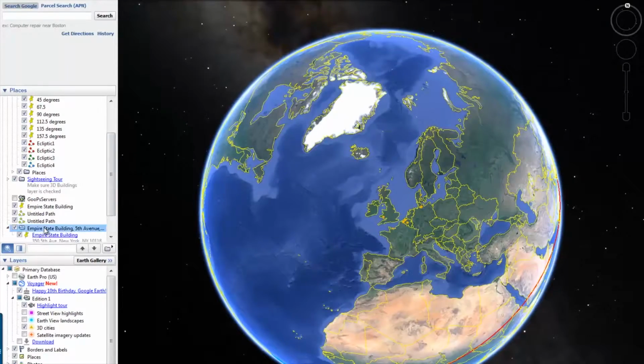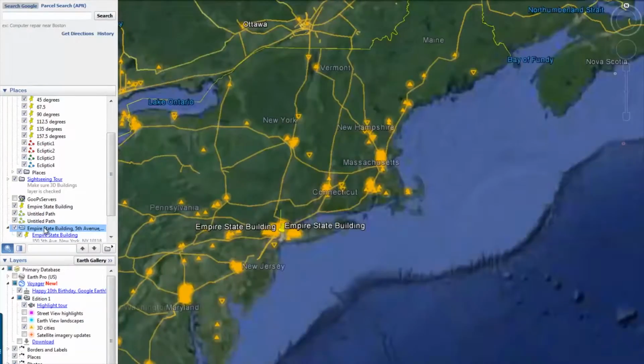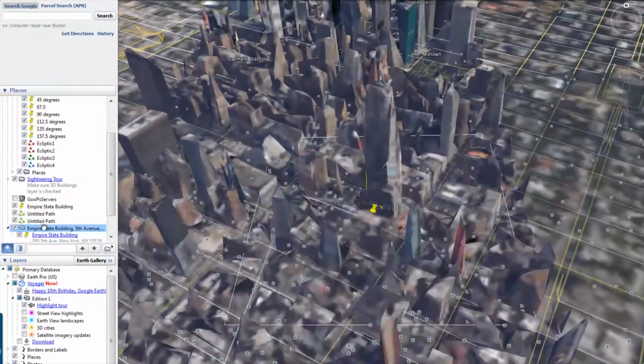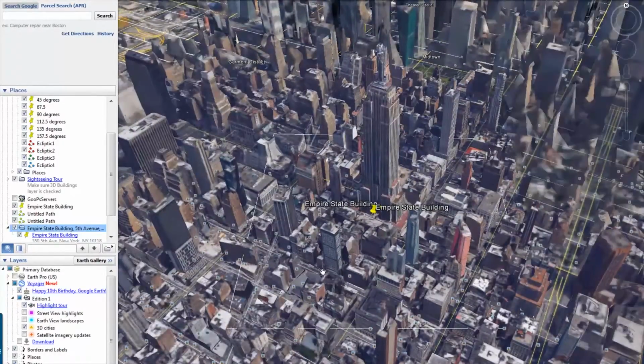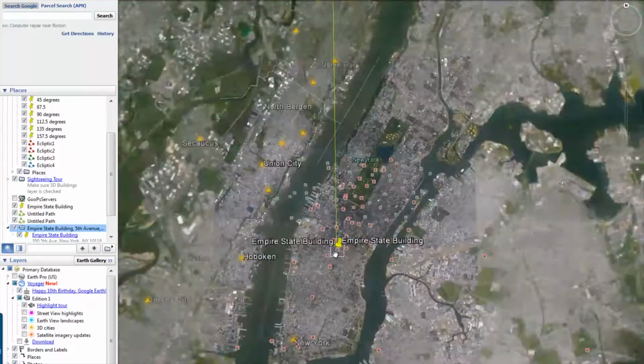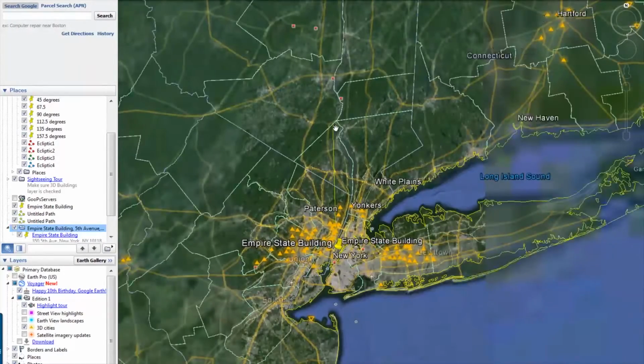Okay, let's go to the Empire State Building on Google Earth. From here, let's draw a path straight to the Bear Mountain State Park.